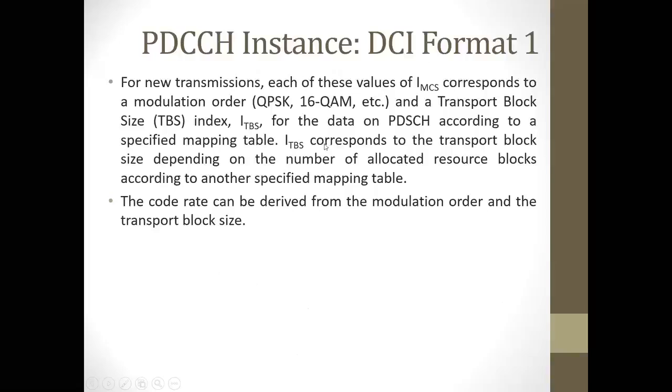When you have the number of resource blocks and the modulation order, the code rate is decided, and that is indicated by something called transport block size. There is a table which gives the TBS value, and from the table it is possible to calculate the code rate.